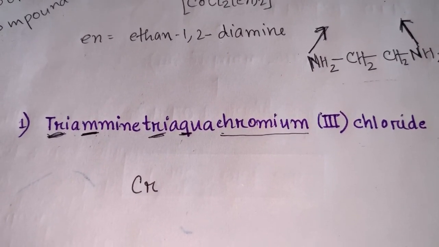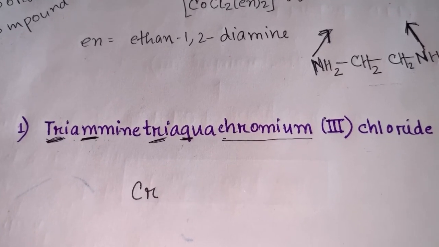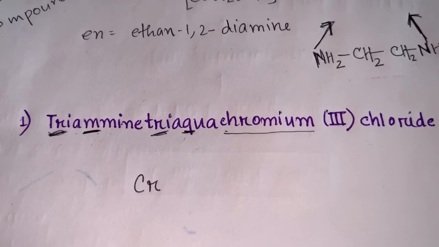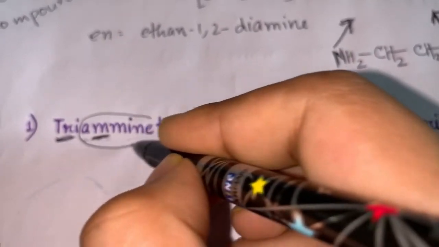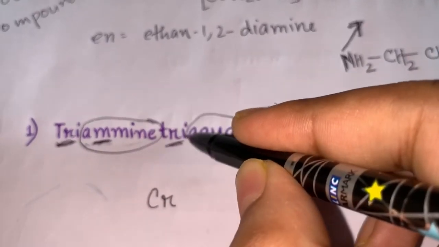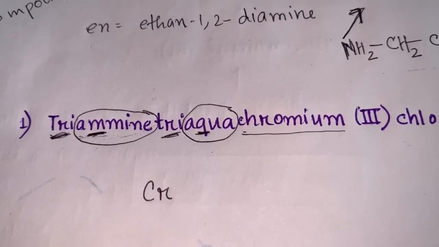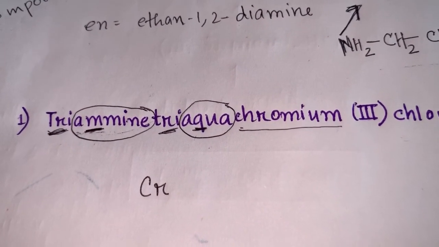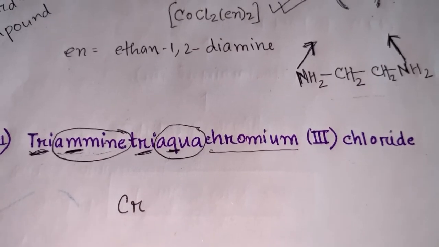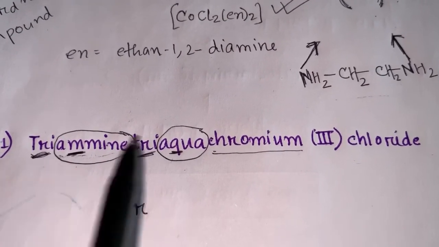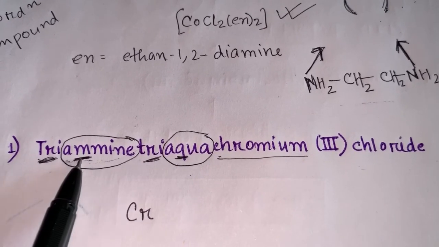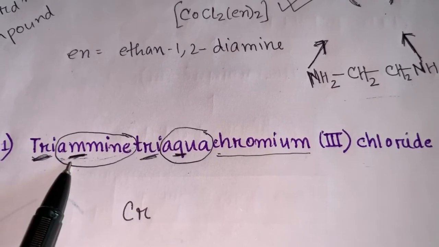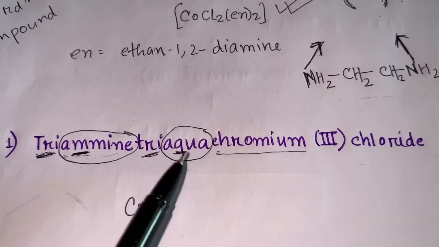We don't include them when we discuss alphabetical order. We always have to see the name of the main ligand. Like here, the main ligand is amine and the other main ligand is aqua. Tri, tetra just tell us the number of that ligand present. So please keep in mind that T is not the alphabetical order. Here it is A. Next we have seen that M comes first, so ammonia will be written first, followed by water.